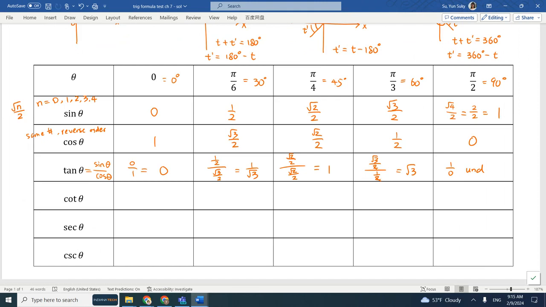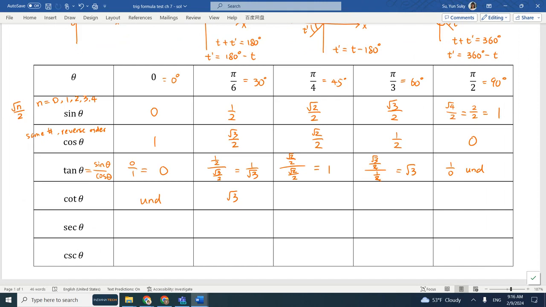Cotangent. Undefined. Square root of 3. What is cotangent of pi over 4? Oh, sure. So we have the tangent. Use the first row over the second row.